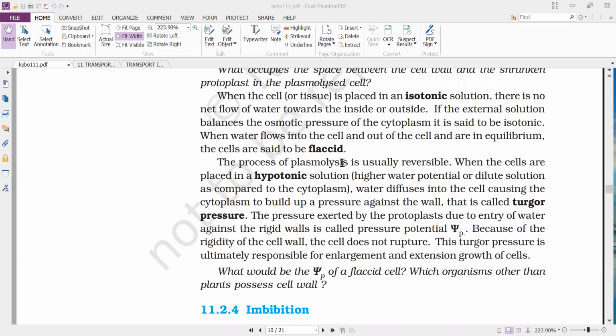It helps the cell to grow and helps in the enlargement of the cell. All these are because of the pressure potential, that is, the pressure exerted by the plasma membrane on the cell wall due to the continuous entry of water into the cytoplasm of the cell.